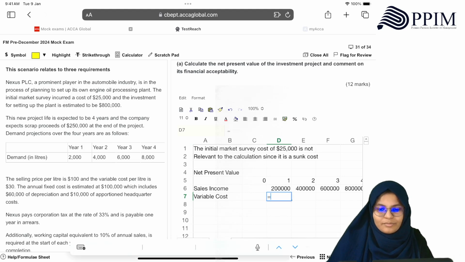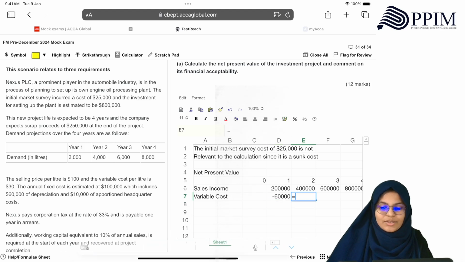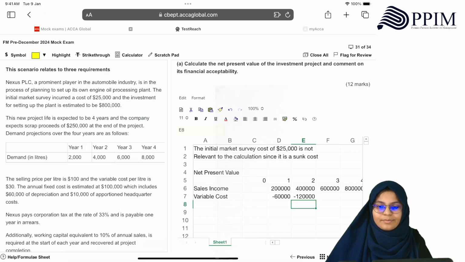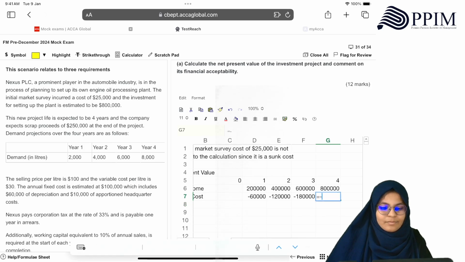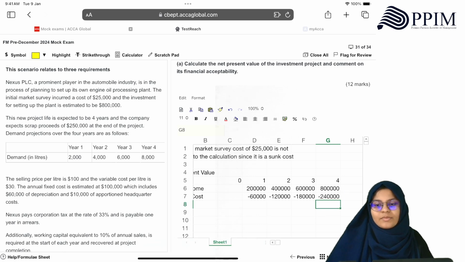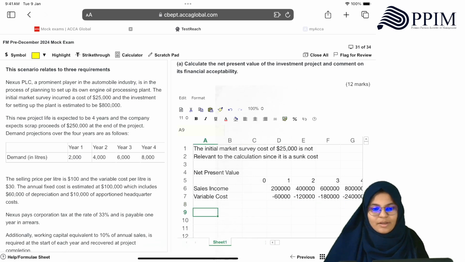So I'll put it as a negative figure. So 30 into 2,000, the demand, which is minus 60,000, then 30 into demand, which is 4,000, then 6,000 the demand, into 8,000, which is 240,000, right?